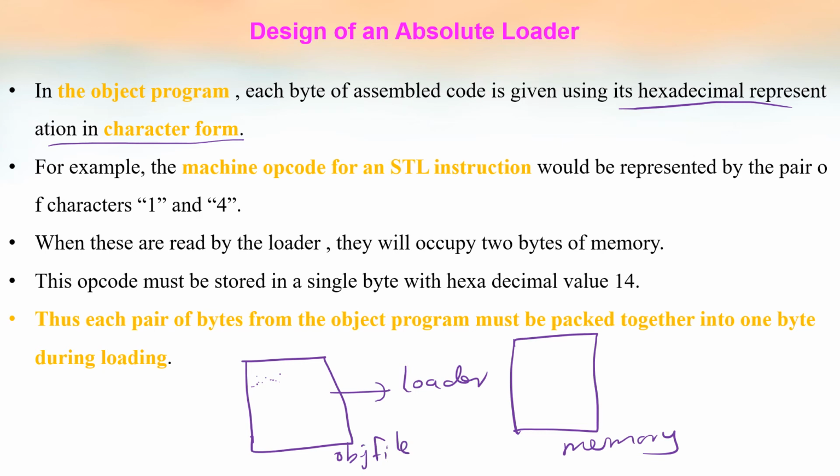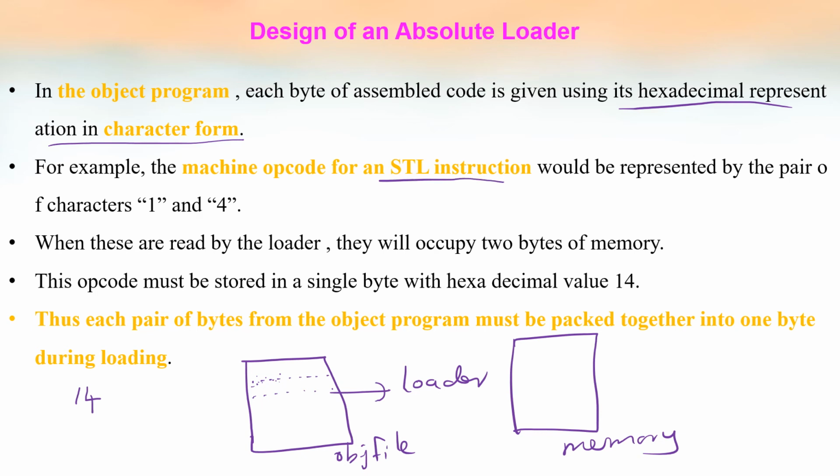So we all know that in a file, normally, as in C programming also, the data is represented in character form. So for example, the object code 14, the STL instruction, the opcode is 14.